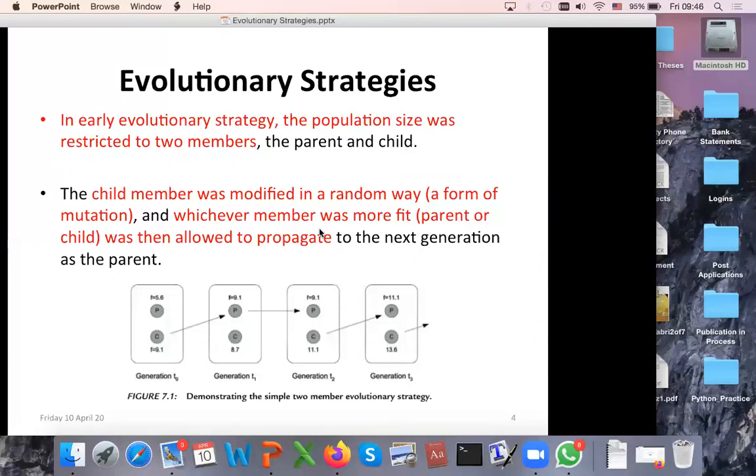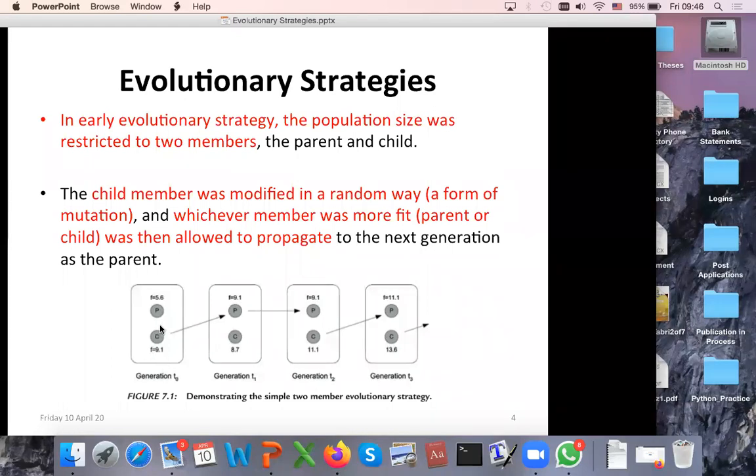So anyhow, for example, this is the picture displayed here, and in this picture there are 4 generations displayed: generation T0, generation T1, generation T2, generation T3. In each generation, we have the parent P and the child C, and some fitness values are mentioned along with each member. Here the parent has the fitness value F equal to 5.6, and the child has the fitness value F equal to 9.1.